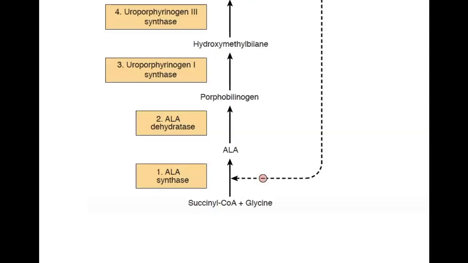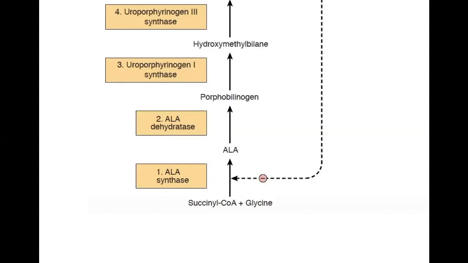So zoom into succinyl-CoA. Take note of that. Succinyl-CoA plus the amino acid glycine will become ALA. Memorize step number 1 by heart, because if there is a question regarding heme synthesis, it's most likely going to be step number 1, which is the rate-limiting step.